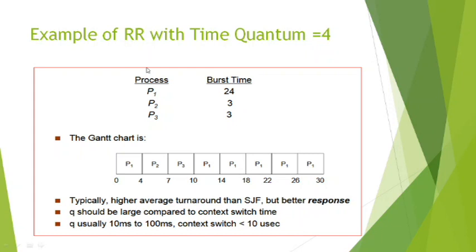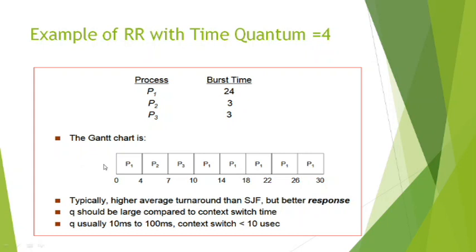Here is an example of round robin with time quantum 4. Here you can see the processes P1, P2, P3. Burst times are 24, 3 and 3 respectively. According to the Gantt chart, the time quantum is 4 for every process.